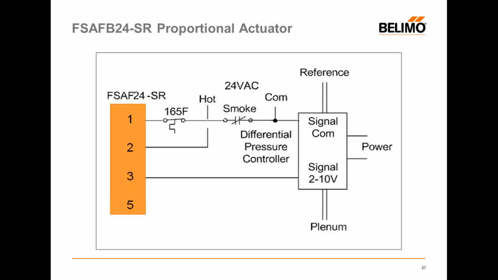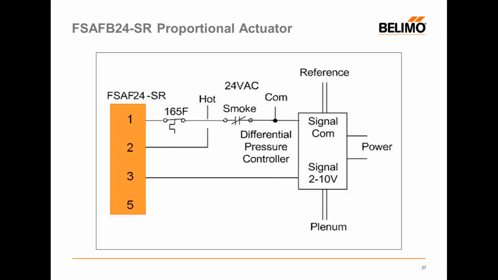Here we see a very basic drawing of how the fire smoke damper proportional actuator is wired up. We have our common going through our duct detector and our 165 high limit switch. If either of those break, of course power is removed from the actuator and it closes.